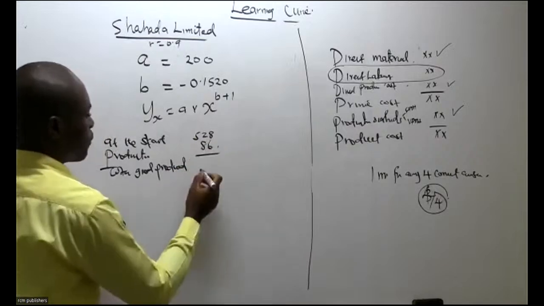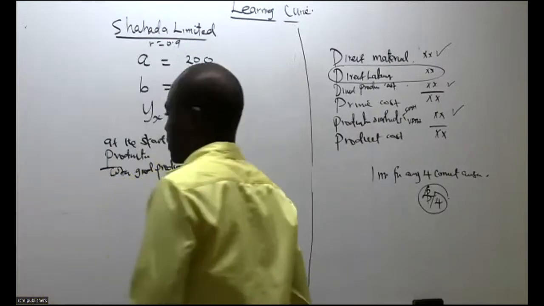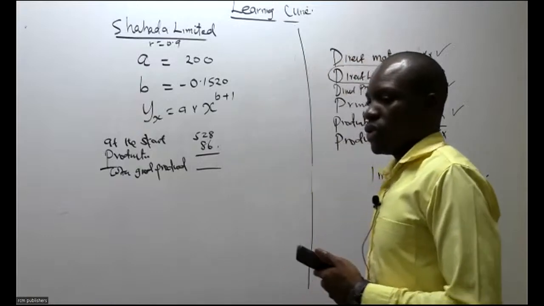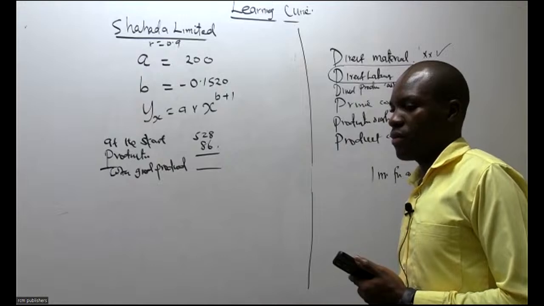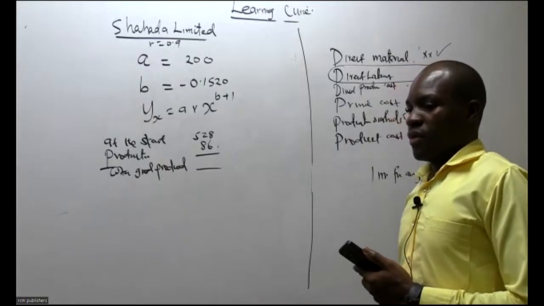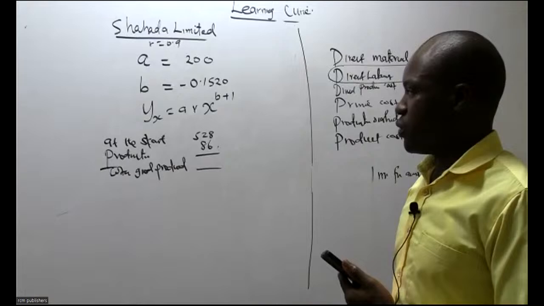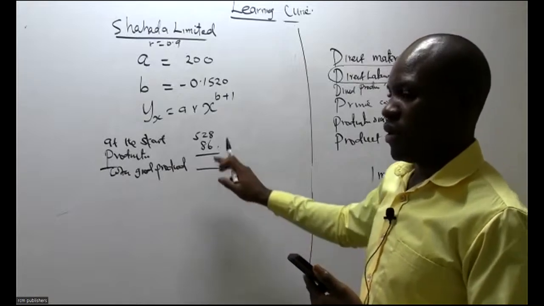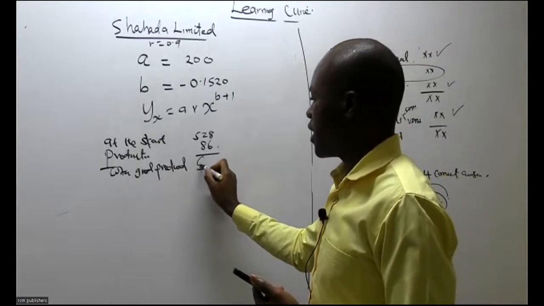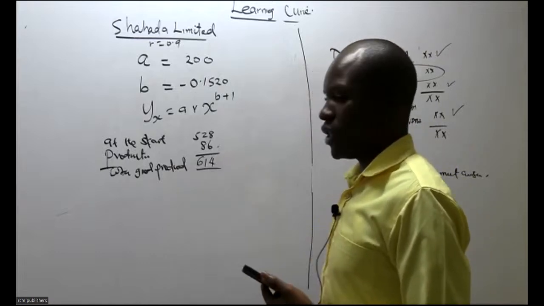Total goods produced so far will be equivalent to how many units? If we add, 614.